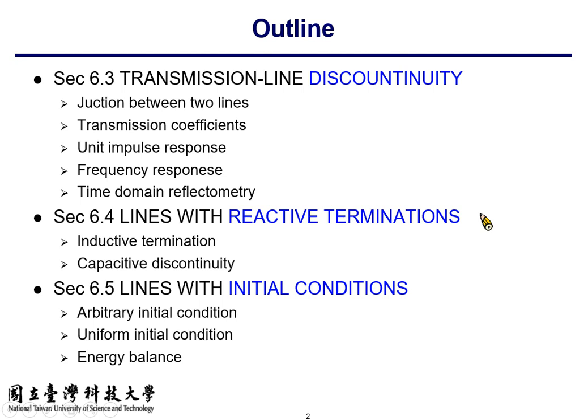Because of the difference in characteristic impedance, we will observe reflection on the transmission line as well as transmission, which is the part of the signal that goes to the following section. In section 6.4, we will look into the case of reactive termination.